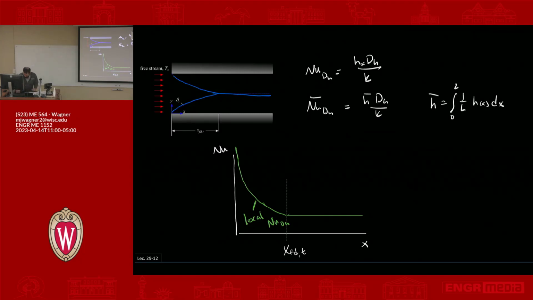So the average would look something like this. Let's say this is my Nusselt bar. What happens when the flow becomes fully developed? How does my Nusselt average change, or the behavior change?